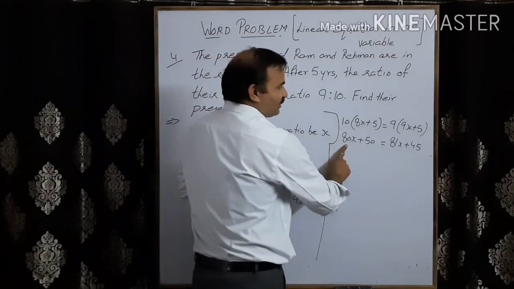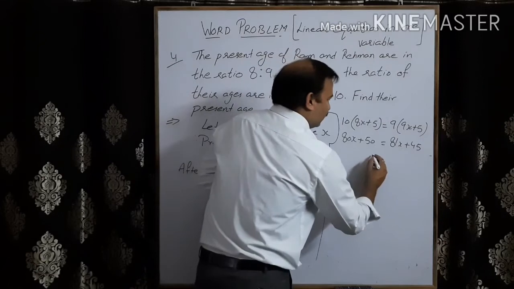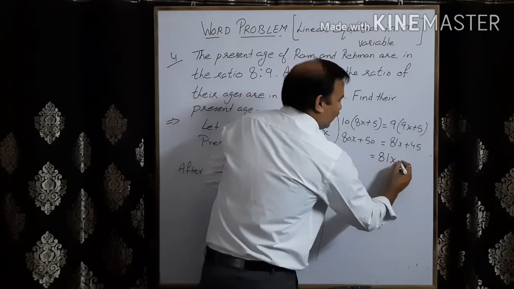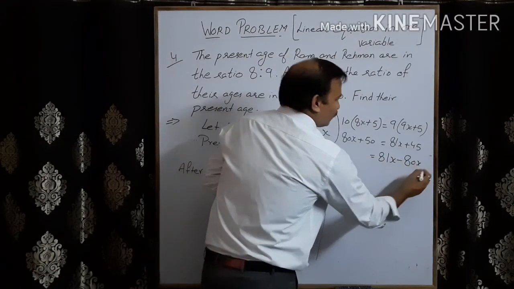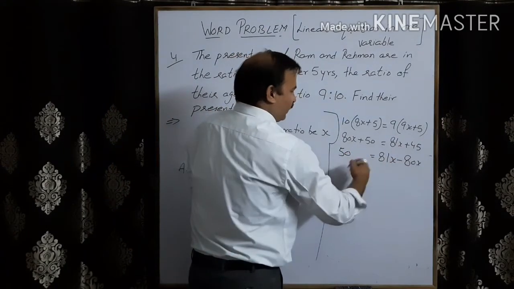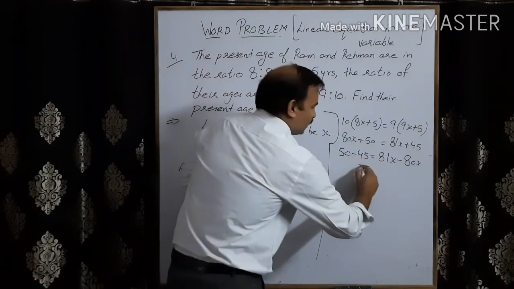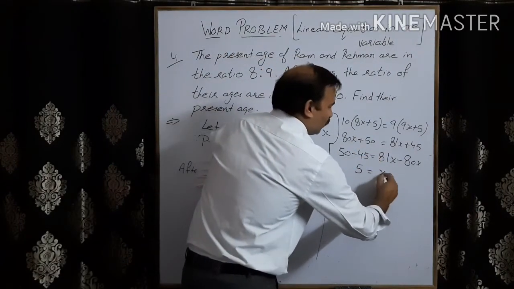Now 80 is small, 81 is bigger, so we'll shift 80 to the other side, so this will become 81x minus 80x, and 50 is on the left side, 45 is smaller, so bring it to the left side. It means 5 is equal to x.